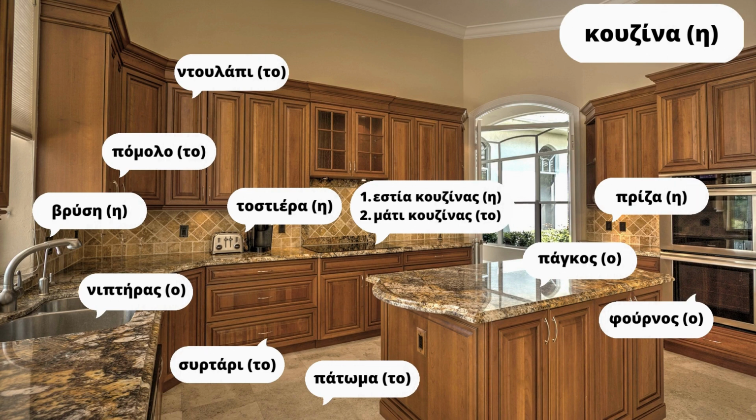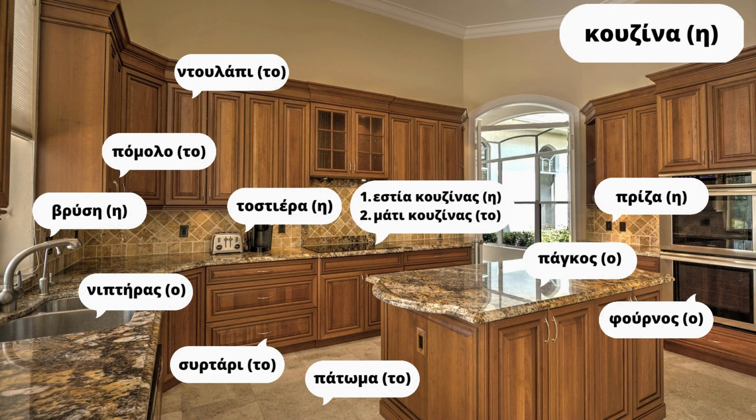O niptiras. So these two words are very important because you can meet them in both the kitchen and the bathroom. And if you want to toast a slice of bread, you have to use the device called i tostiera. That's the toaster in Greek. The word is a feminine gender.